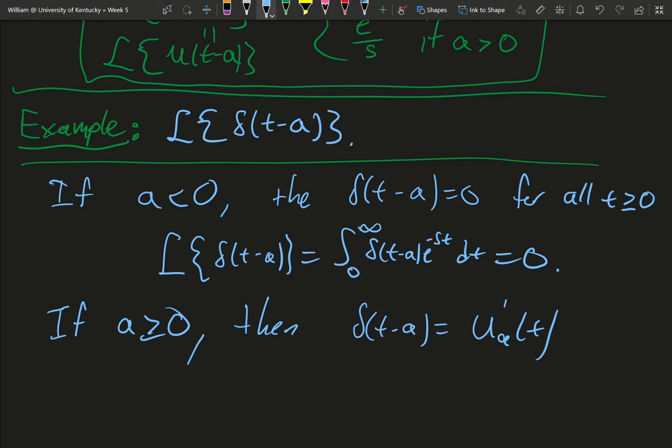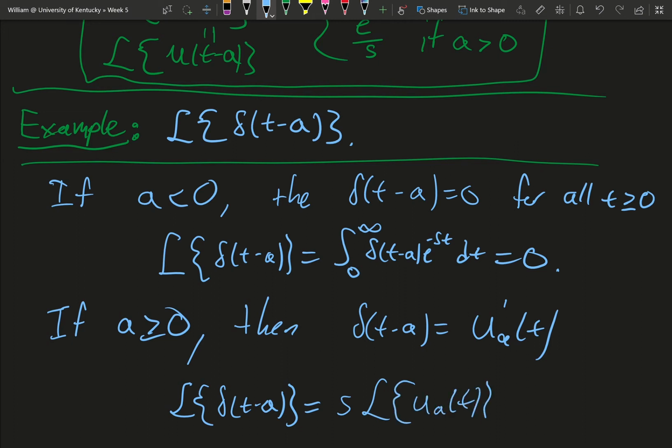So the Laplace transform of delta of t minus a is equal to s times the Laplace transform of u of at minus u of a evaluated at 0.